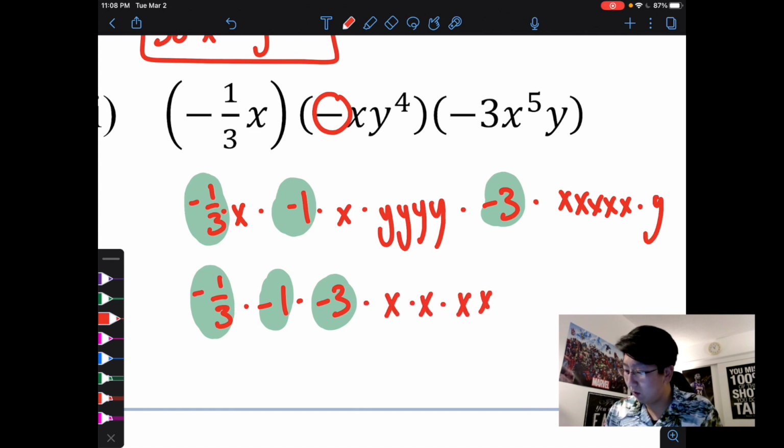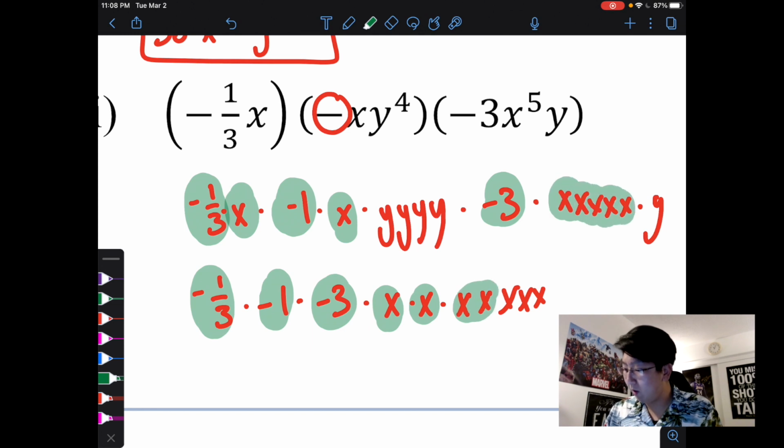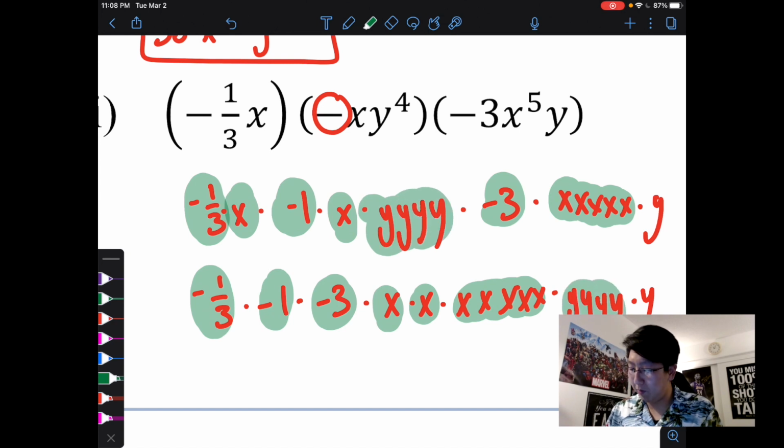Now we'll get the x's. 1, 1, 1, 2, 3, 4, 5. Times y times y. So we have these 4 accounted for, and this last one.